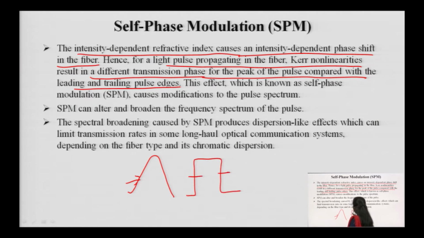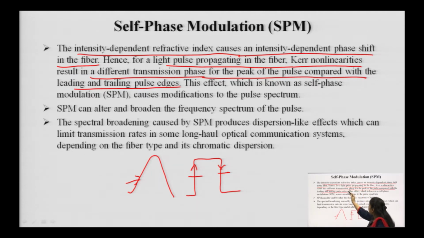This one is the leading edge and this one is the trailing edge. So, the light pulse propagating in the fiber, due to Kerr non-linearity, will have a different phase than the leading and the trailing pulse edges. That is why it is a change in the phase of the pulse propagating inside a fiber, and that is why it is called phase modulation.